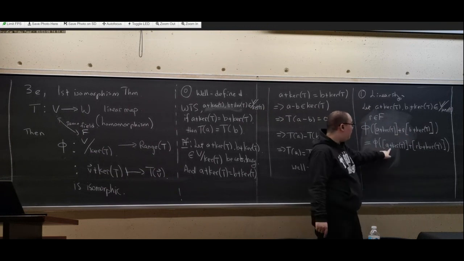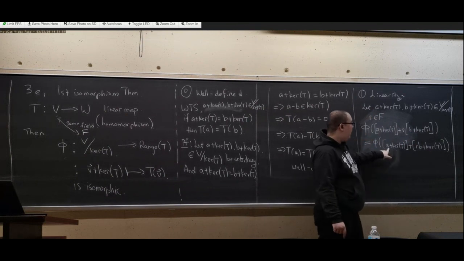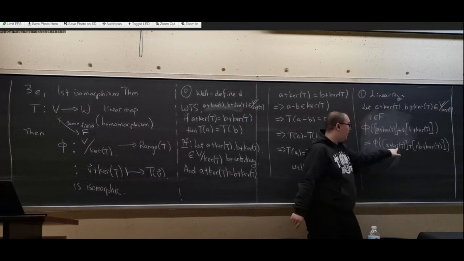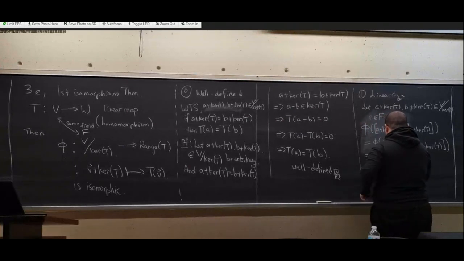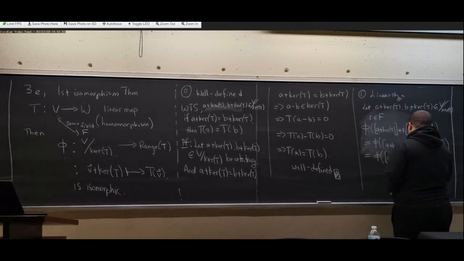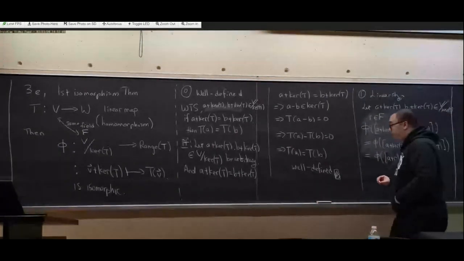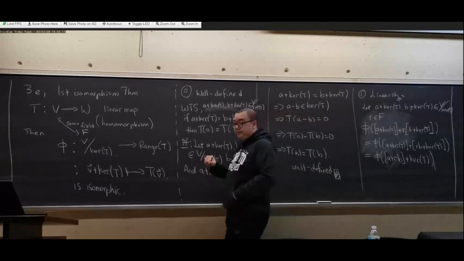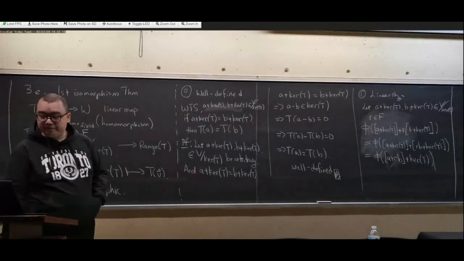So I have A plus kernel of T plus RB plus kernel of T. Then adding these together is the same as just adding the representatives together. So this equals to phi of A plus RB plus kernel of T.